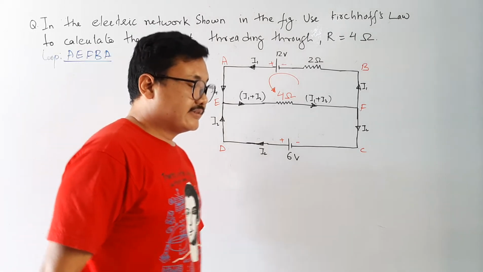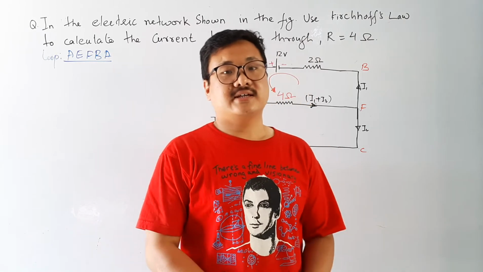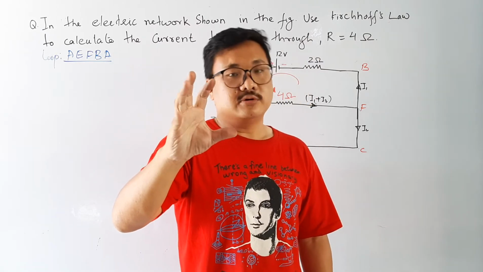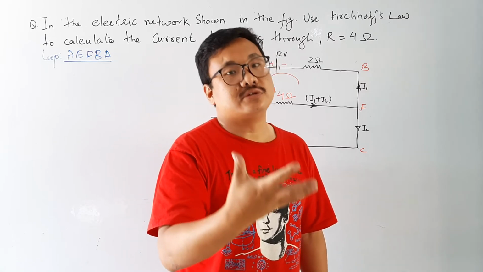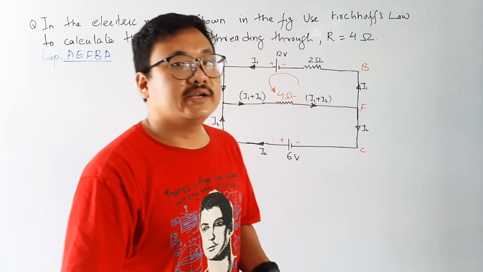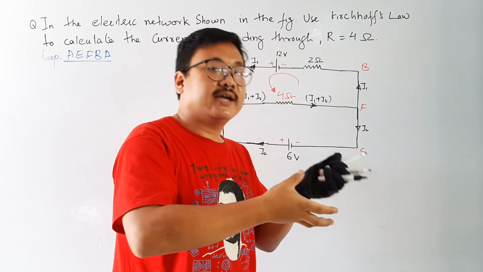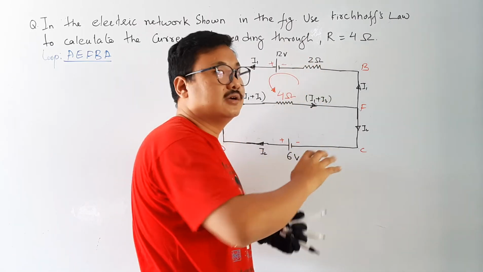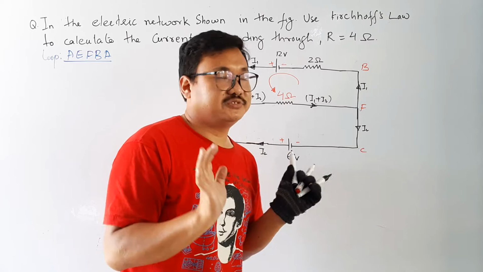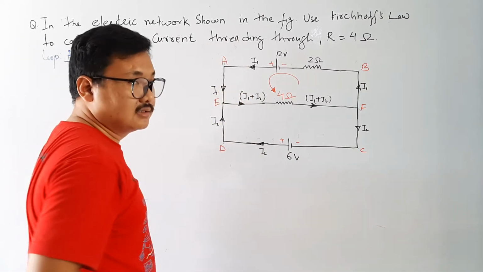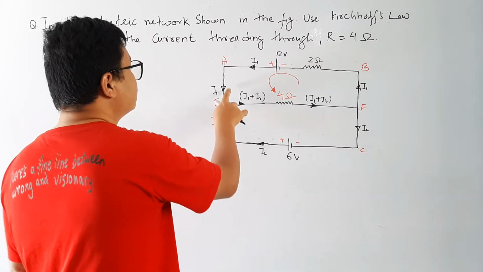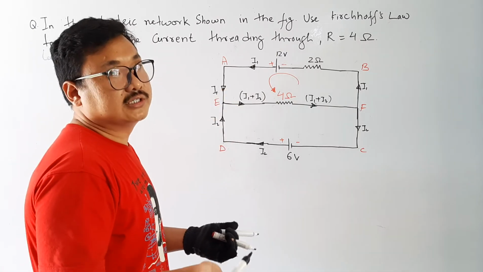Now the second Kirchhoff's law says that the sum of all the potential drops and the EMF is equal to 0. So we have to find all the voltage drops and EMF in this loop, add them and equate to 0. I go from A to E: there is no cell, so no EMF, and no resistance, so no voltage drop.